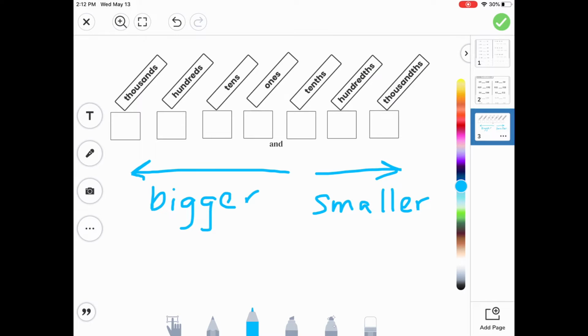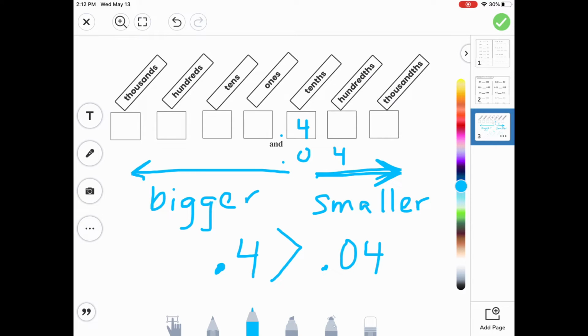So for example, if I asked you to compare 4 tenths to 4 hundredths, and I asked you which one is more, well, 4 tenths would be right here, and 4 hundredths would be right here. So you can see 4 hundredths is smaller because it goes farther to the right than 4 tenths does. So 4 tenths would be greater than 4 hundredths.